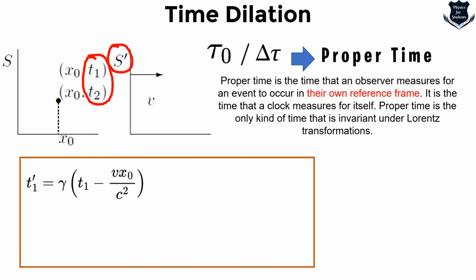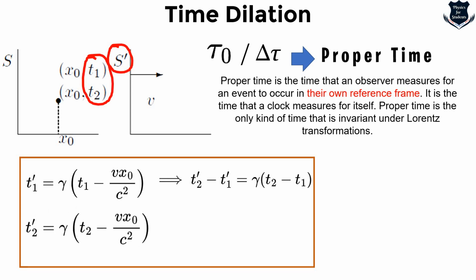So in S prime, if we use the Lorentz time transformation, then we get to this one. And from here we get this one. We subtract this by Vx0, and then we get this, and from here t2 minus t1 is equal to Vx0 by c squared, and from here we get tau equals gamma t0.